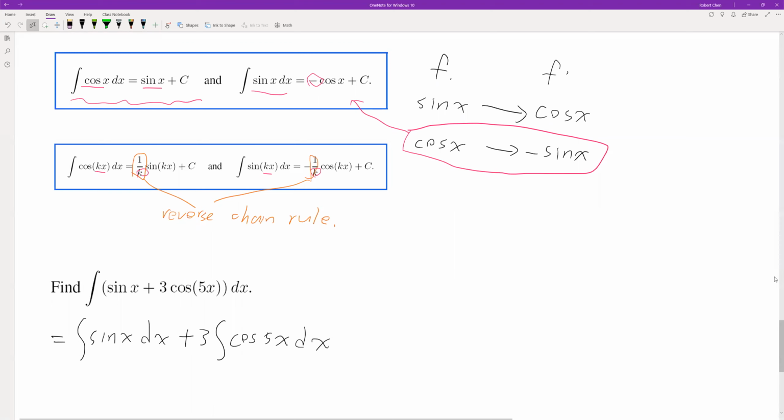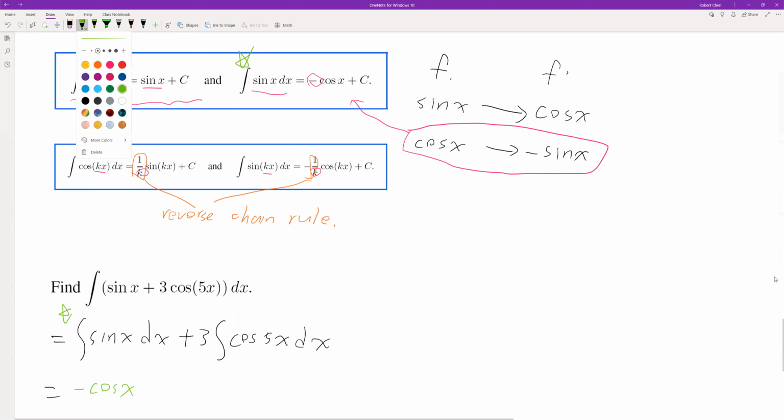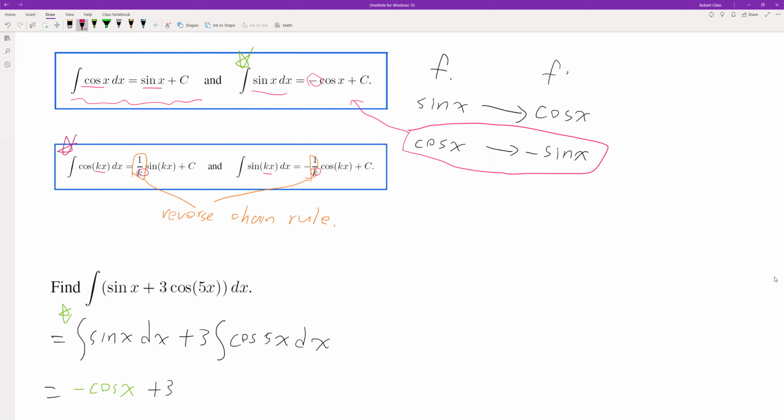All right, so let's look at the first integral, the integral of sine. We're going to use it here, which is negative cosine x plus c. Or we'll worry about the plus c later. And then plus 3 times the integration of cosine 5x. So for cosine 5x, we are going to look at this part. It's going to be 1 over k times sine kx.